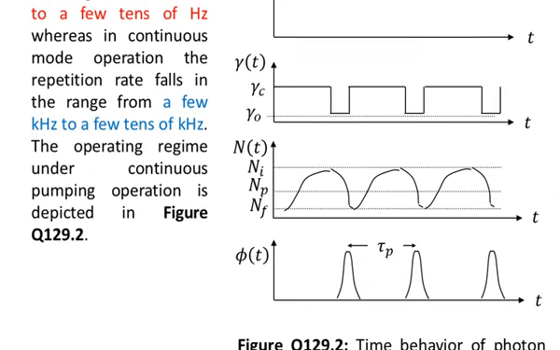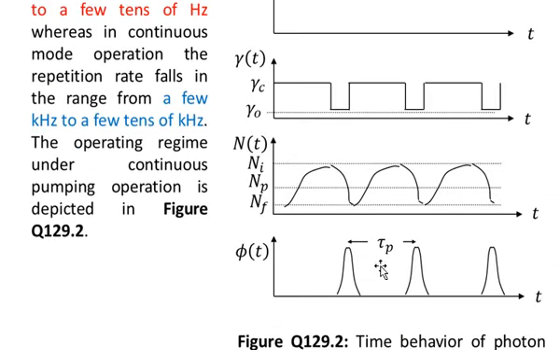So you can notice that tau p is the repetition time of these pulses, and this time tau p should not exceed tau, the lifetime of the upper state of the laser. Because if this time exceeds, what will happen?